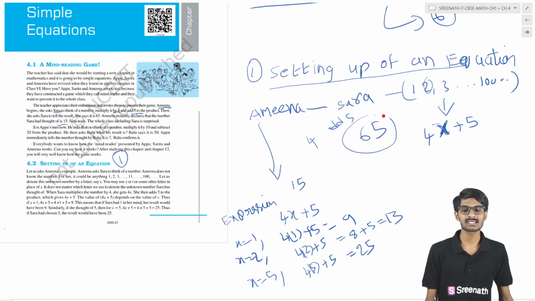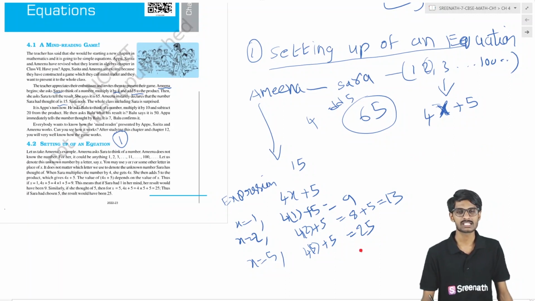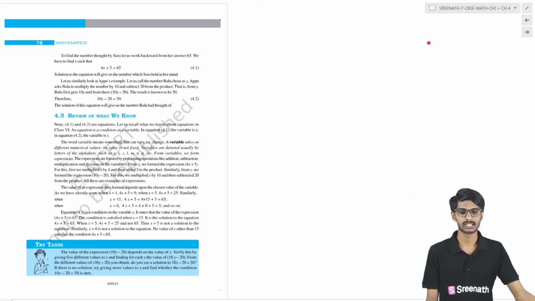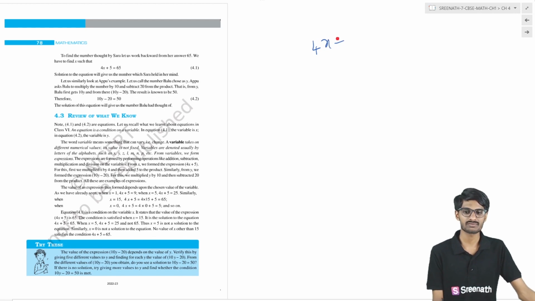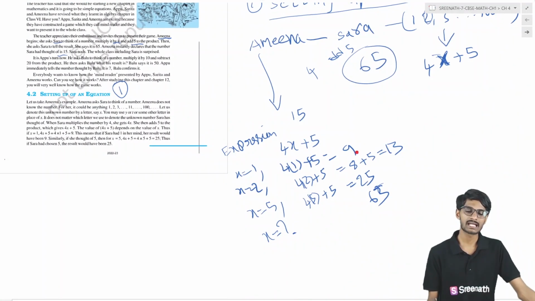But what is the answer that Sarah told? That is 65, students. That is 65. So for which value of x will you get 65 on the right side? That we have to find out. So basically 4x plus 5 is equal to 65. For some values of x we are getting answers like that.